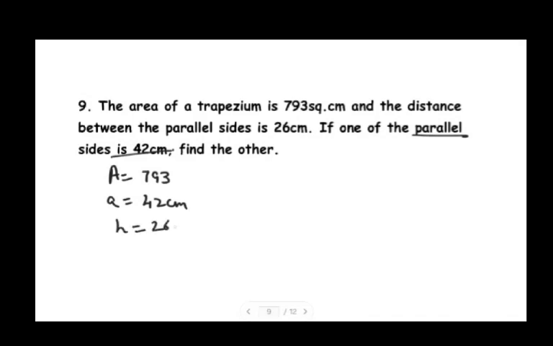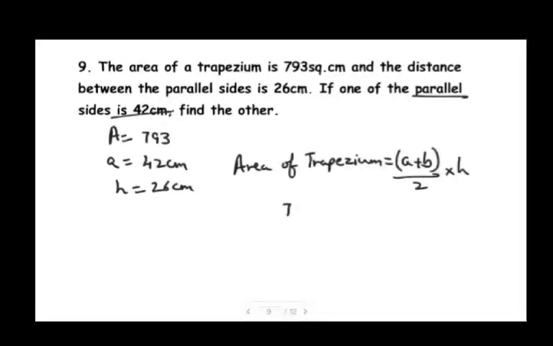Height is given as 26 centimeters. So area of trapezium is (A plus B) upon 2 into H. 793. Substitution: A is 42, B is as it is, and height is 26.